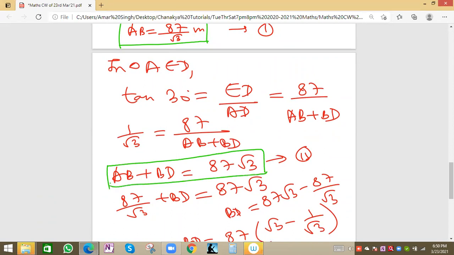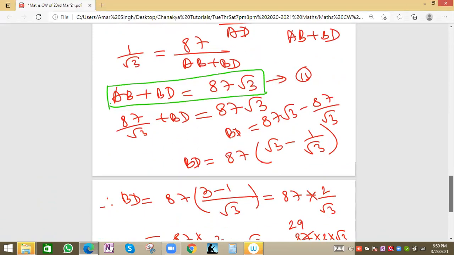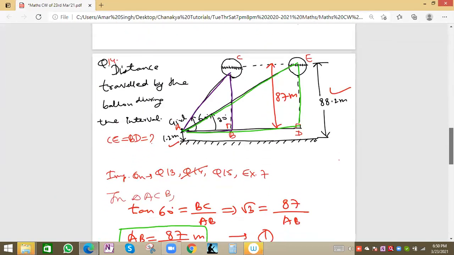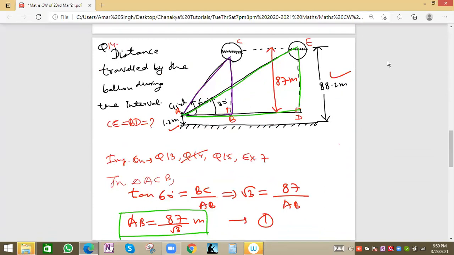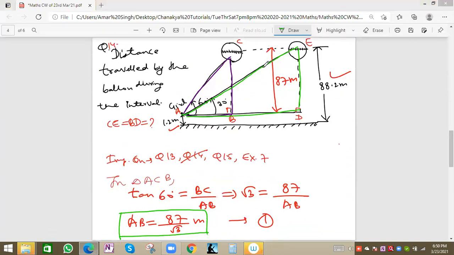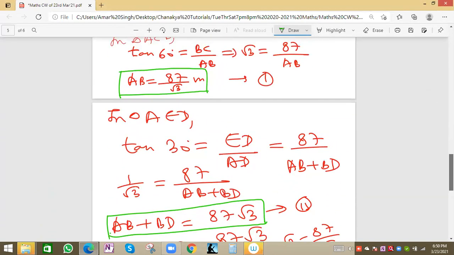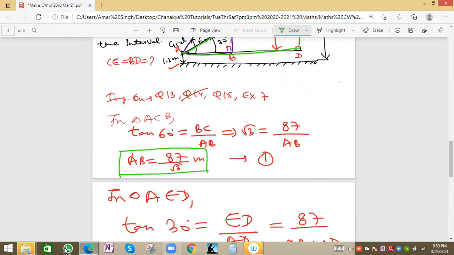And by using these two equations, we'll get the value of BD, that is equal to AC, which will come 58 root 3. Please solve. Two important relations only: AB is 87 by root 3, and then one more relation, AB plus BD is 87 root 3. From those relations we'll get the answer.